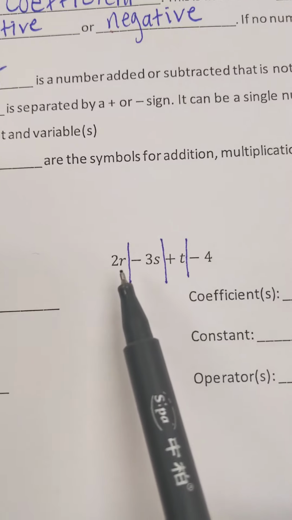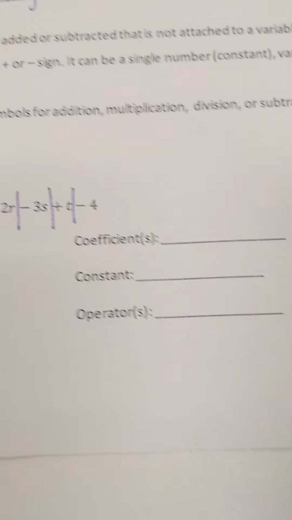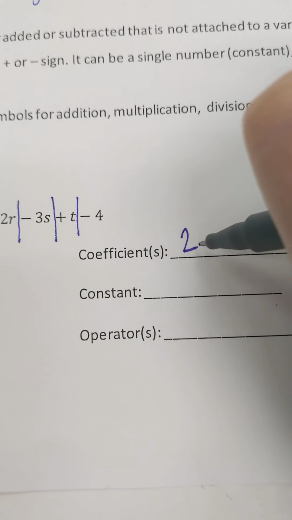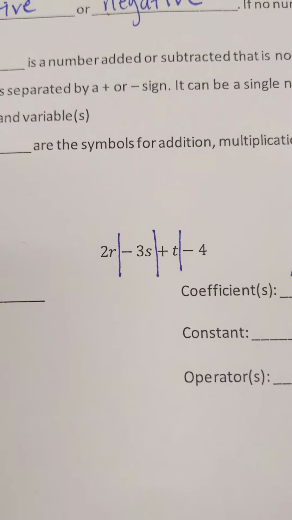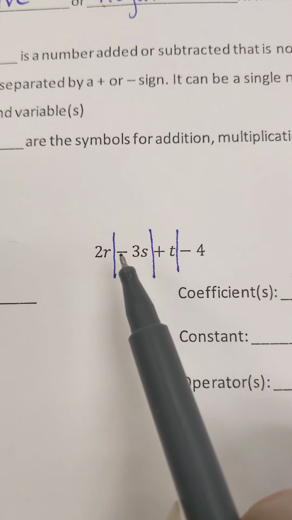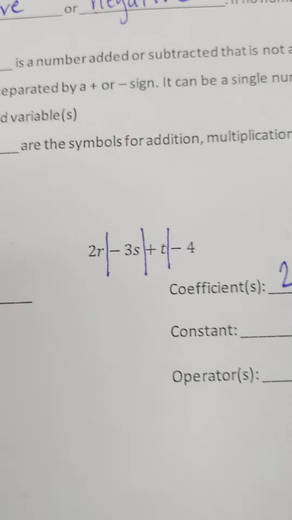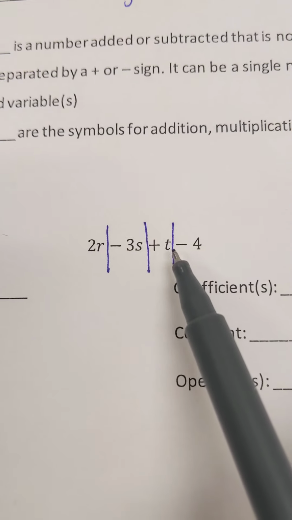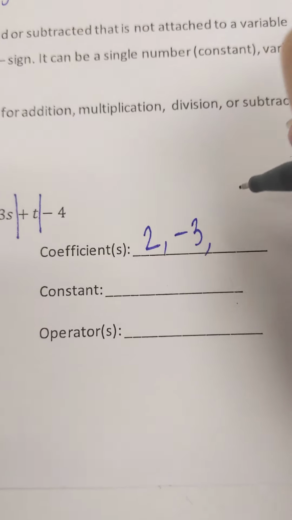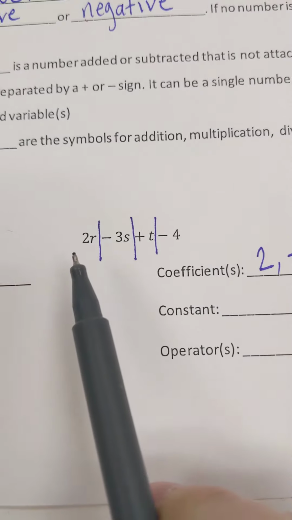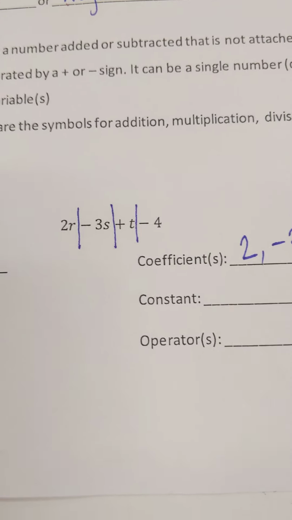So I had a variable of R. The coefficient is the number in front of it. In that case, it's 2. I have letter S. The coefficient is the number in front of it. In our case, it's negative 3. And then I had the letter T, the number in front of it. There isn't a number. Remember, that means it's a 1. So 2, negative 3, and 1 are your coefficients.